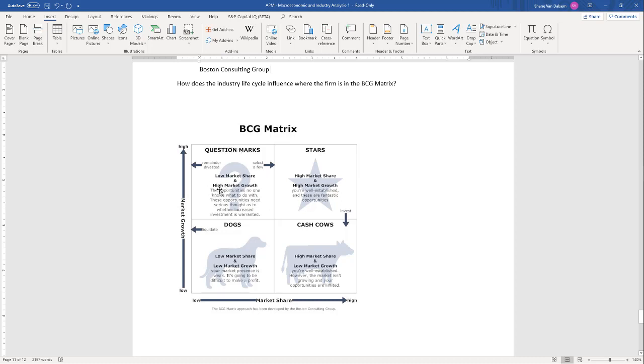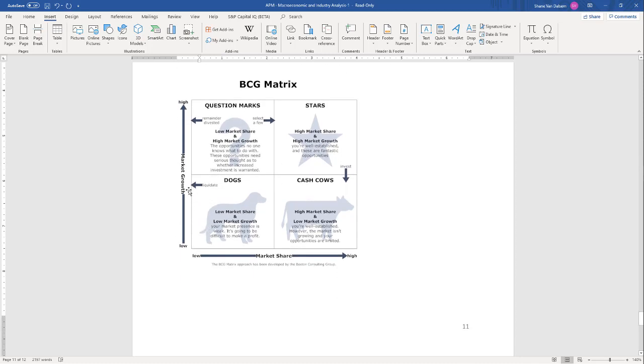So a question mark is a firm that has low market share within the industry, but there's high market growth of that industry. Stars are firms with high market share and high market growth.